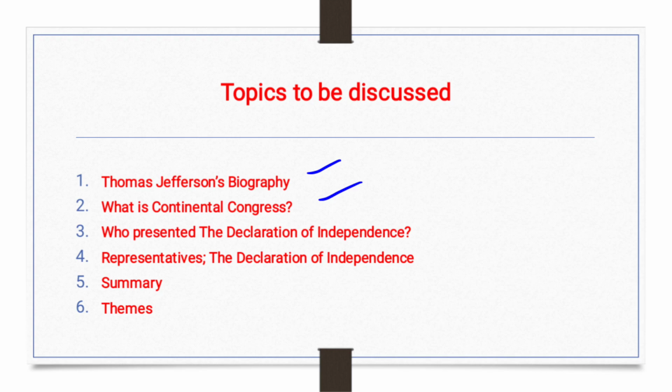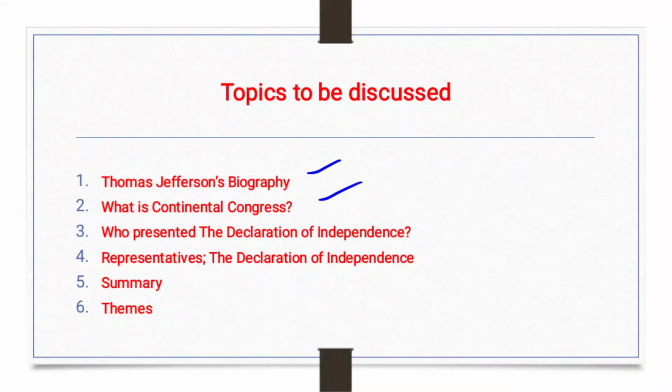The first Continental Congress was convened in Philadelphia in September 1774 in response to the Intolerable Acts passed by the British Parliament in response to the Boston Tea Party. Delegates from 12 of the 13 colonies, Georgia did not attend, met to discuss a unified response to the British government's actions.